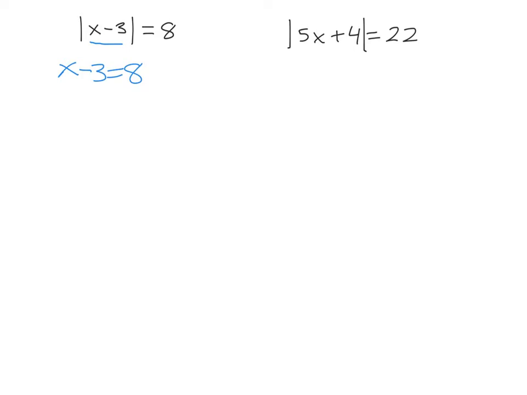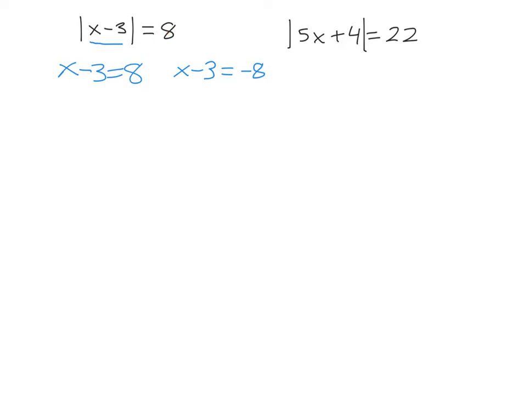Because the absolute value of 8 equals 8. Now this also says that x minus 3 could be equal to negative 8, because if x minus 3 equals negative 8, this becomes the absolute value of negative 8, which equals positive 8.